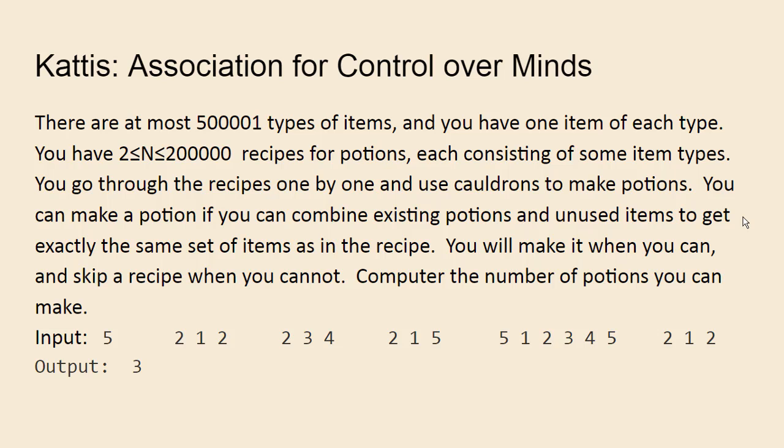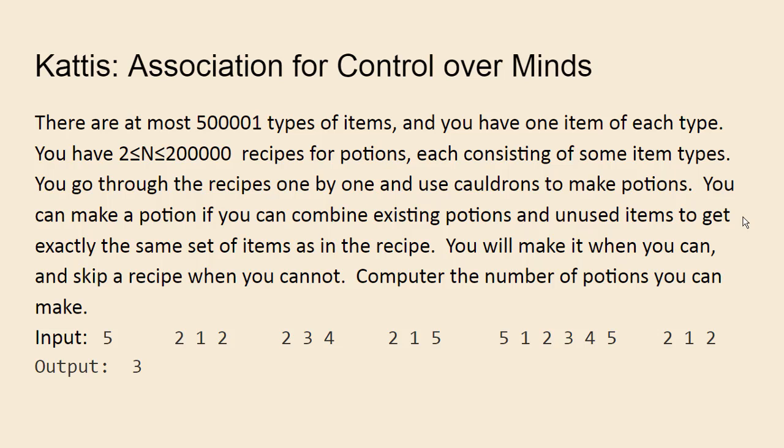You can also use existing ones. You can use potions you already made. If that potion's recipe is a subset of this one, then you can use it. You can basically pour the potion in that cauldron into this new one, and then add the additional items that you need. In fact, you can combine multiple existing potions with unused items together to make a potion.